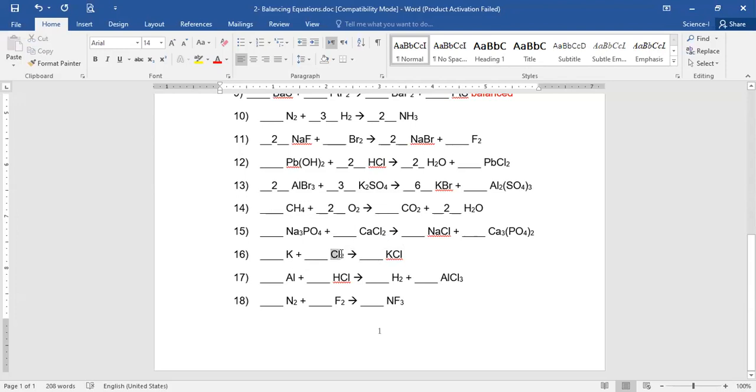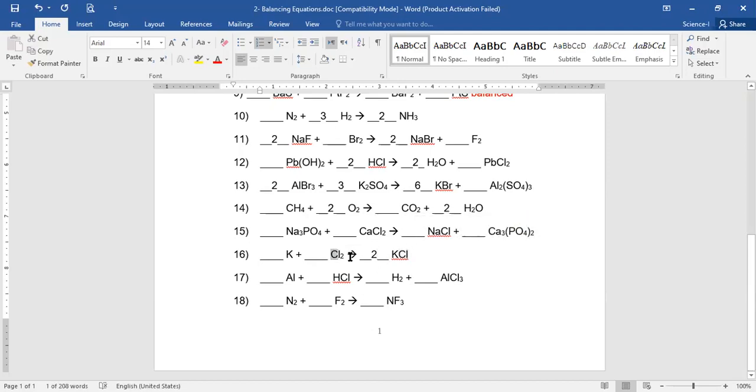So how many chlorine do we have here? 2. And on that side? 1. So we're supposed to put here the number that I multiply by 1 to make it 2. So we're going to put 2. So in that case here we have 2 chlorine now.